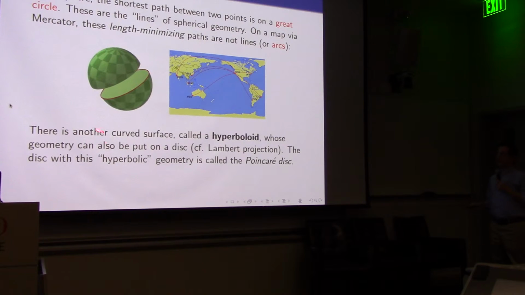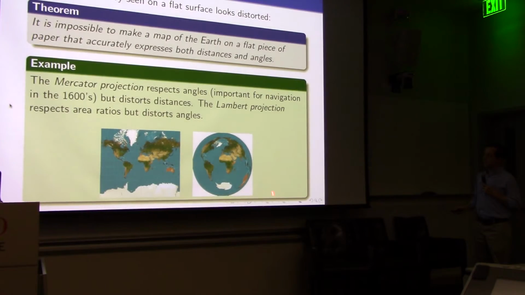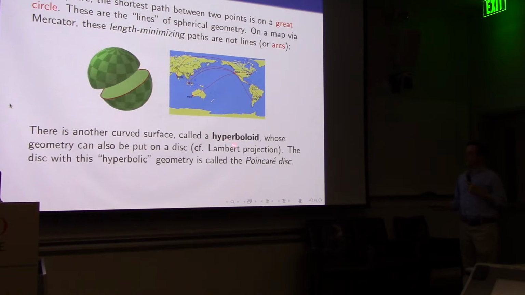Well, there's another kind of curved surface called a hyperboloid. It's not a sphere. And the geometry of that can also be put on a flat piece of paper, in fact, in a disk. So it's not the Lambert projection that we saw here. Okay, this comes from a different kind of curved geometry. But the hyperboloid, when you put it into a disk, it actually gives you the geometry of the Poincare disk.